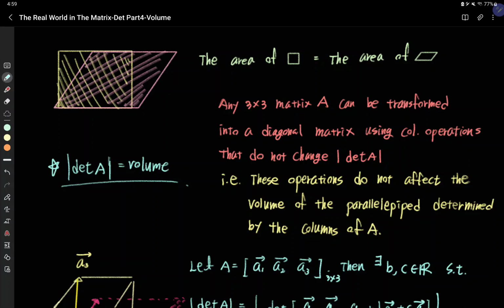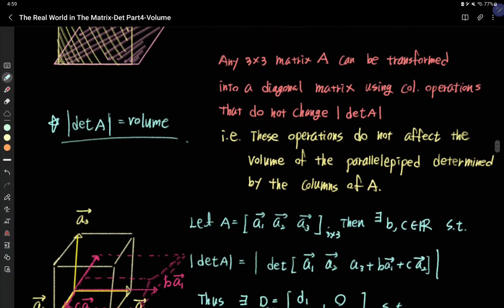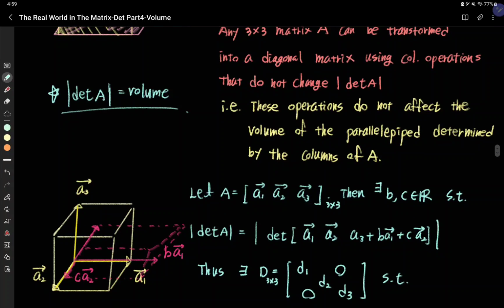That does not change the absolute value of the determinant of A. So it means that these operations do not affect the volume of the parallelepiped determined by the columns of matrix A. Any row operations or column operations will not affect the volume of the parallelepiped determined by the columns of A.